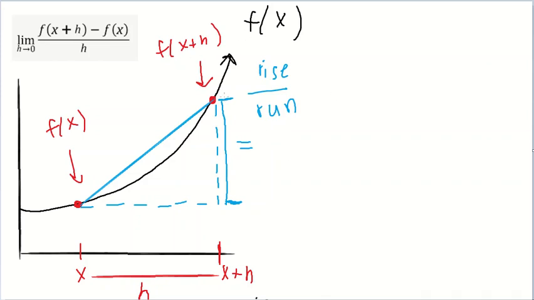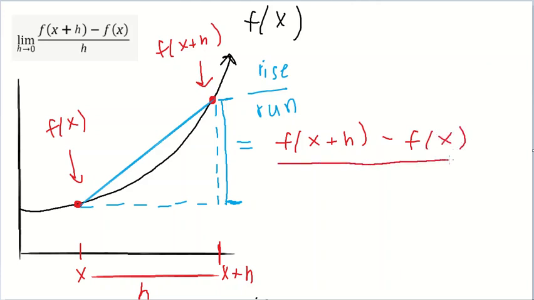So the y value at the point right here is f of x plus h. And what's the y value at the spot down here? Well, the y value there should be f of x. So f of x plus h minus f of x is going to be the rise, that vertical distance of this blue line.